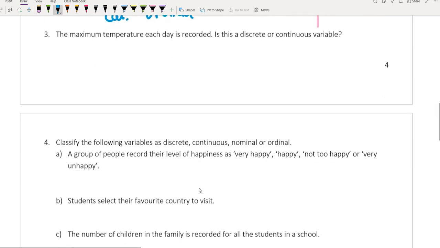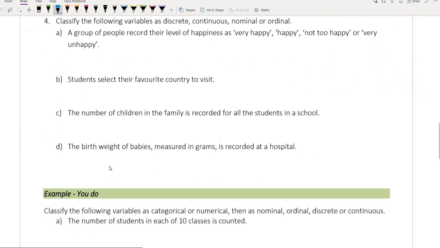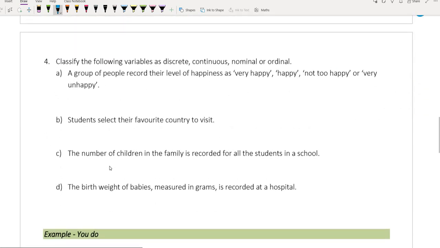The maximum temperature each day is recorded. Is it discrete or continuous? So it's numerical. And temperature is something we measure. So if we measure it, it's going to be continuous because we can measure it like 27 degrees Celsius, or it could be 27.24657 Celsius. So it can go on forever. It's going to be continuous data. In the next one, we're classifying discrete, continuous, nominal, or ordinal.